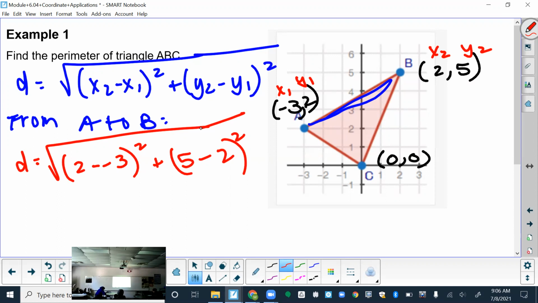You have buttons for the parentheses. 2 minus -3. Do you guys know how to put negative numbers in your calculator? You can't just use subtraction. It has to be this little button down here that's next to the decimal. So it's parentheses 2 minus -3 squared plus parentheses 5 minus 2 squared.